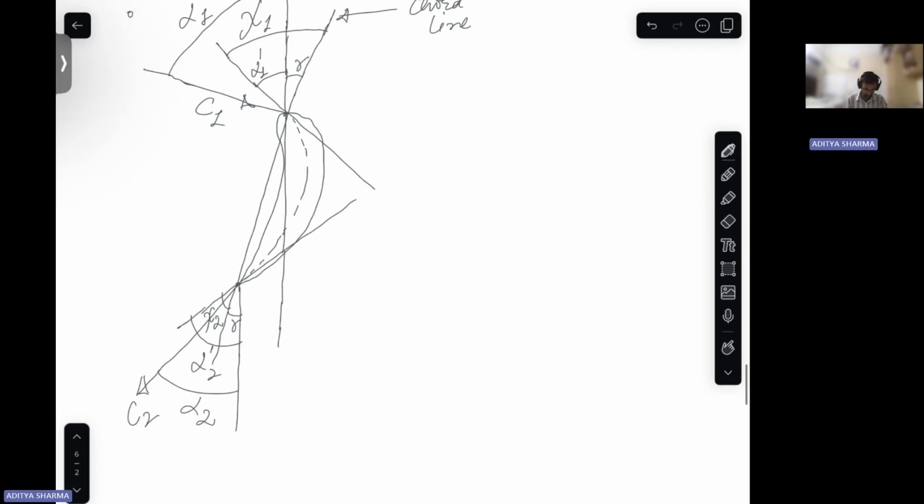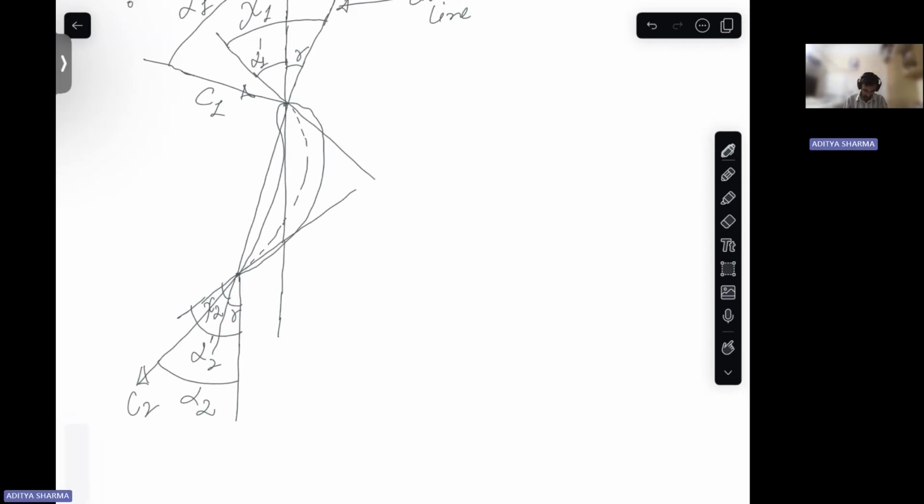So I hope this is clear. This is basically the axial direction.